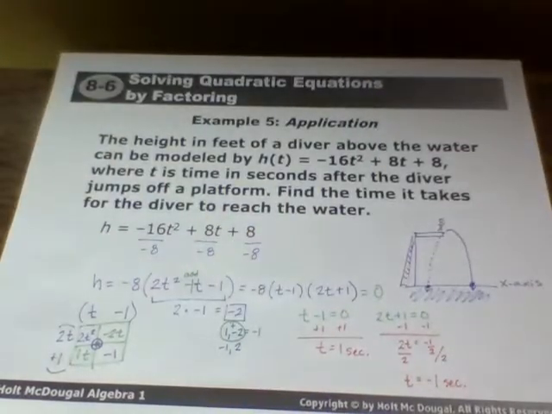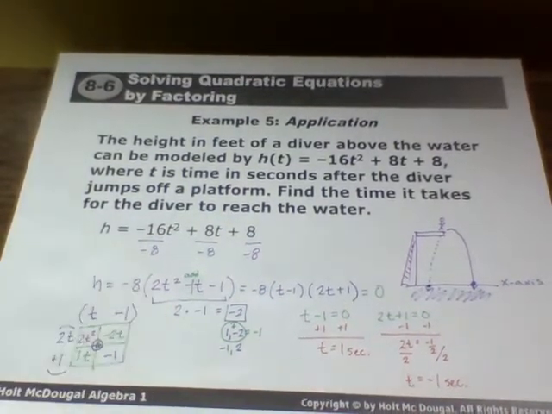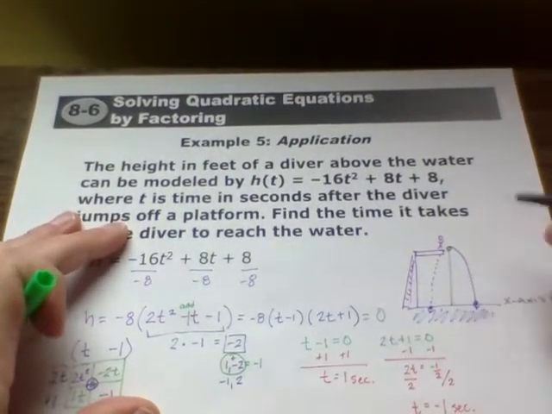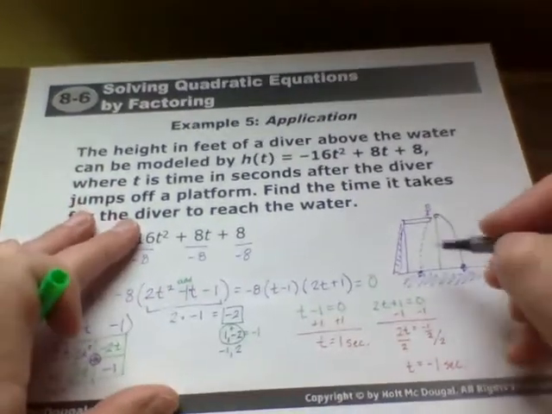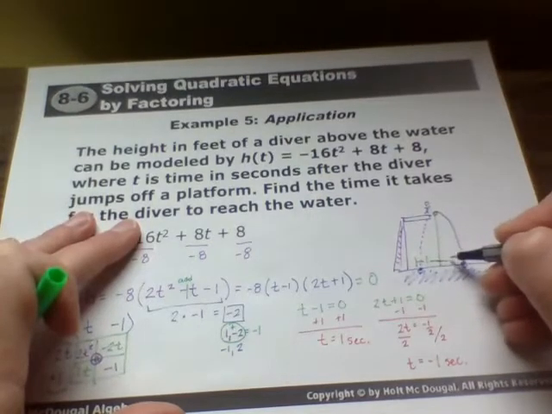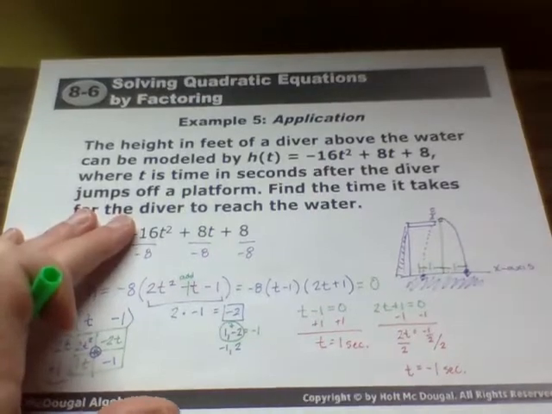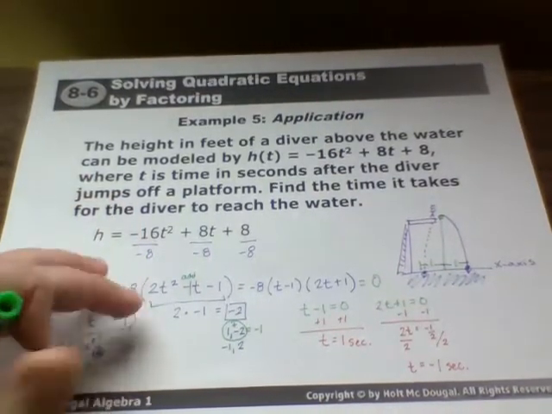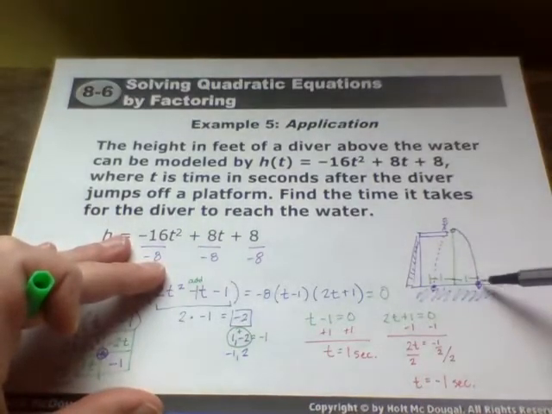Now these are very weird times, especially since this is negative 1 second and this is 1 second, but that is because the person is starting at the peak or the vertex of this quadratic equation. So in that case, this time frame right here is 1 second, but this time frame right here is also 1 second. But of course, he's not climbing up the ladder in 1 second, but if this was a regular thrown object, it would take potentially 1 second to get up here and then 1 second to get back down.